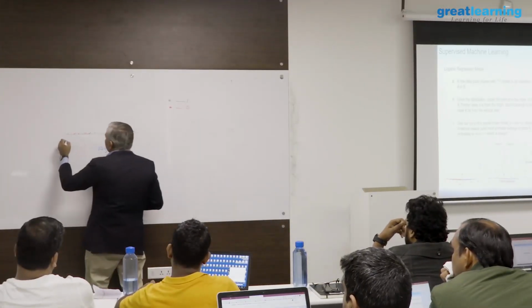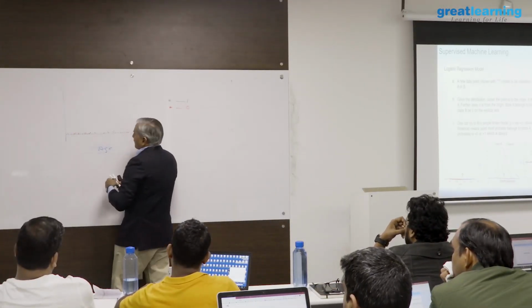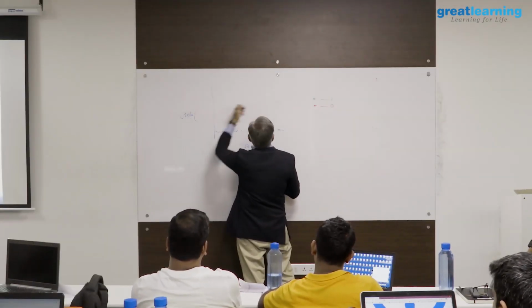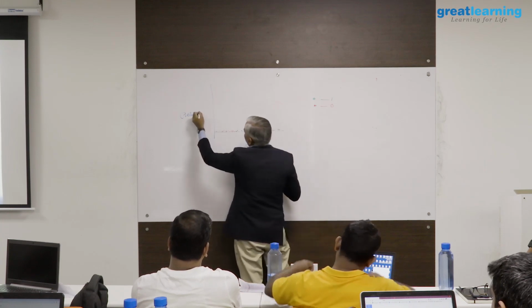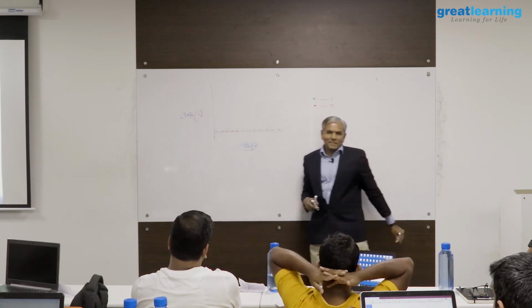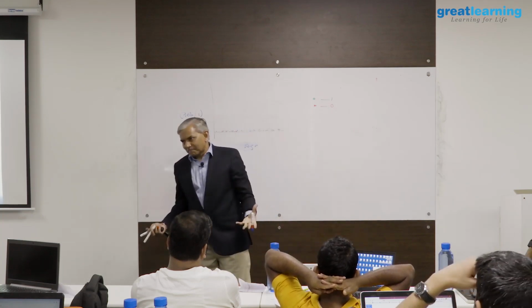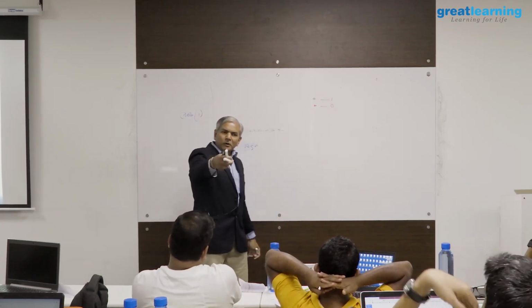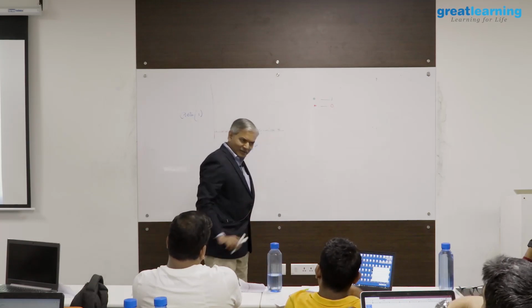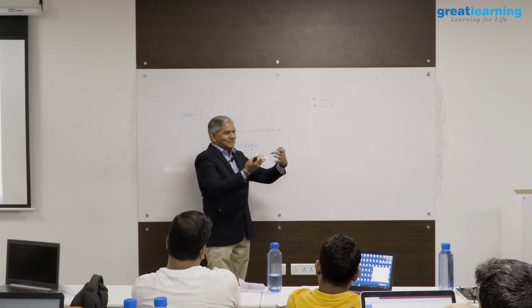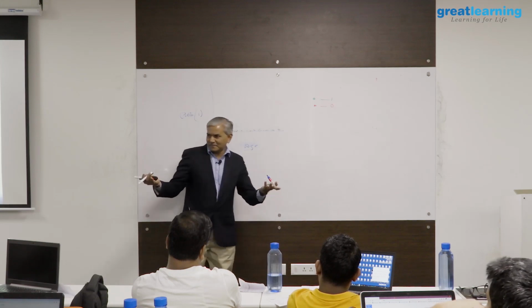Let the y-axis be probability of belonging to any one of the classes, let's call it 1. The y-axis is probability of belonging to class 1. You can actually take it as probability of belonging to class 0 also if you like. The two probabilities will be inverse of each other. So you can take any one you like.